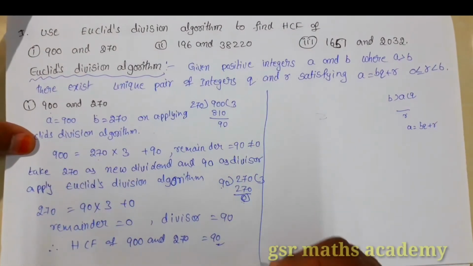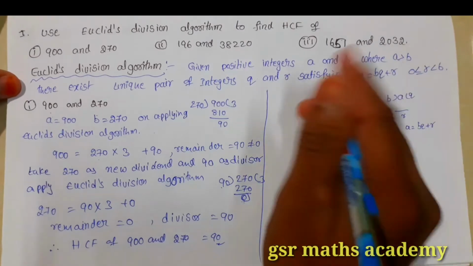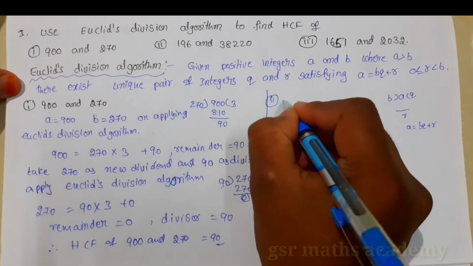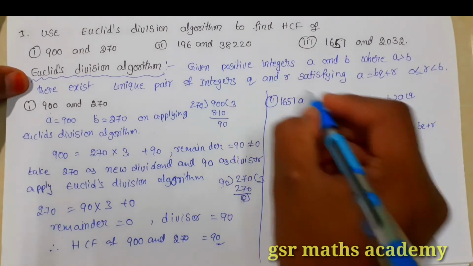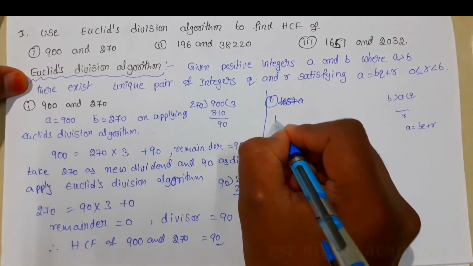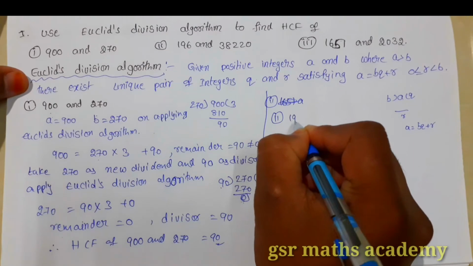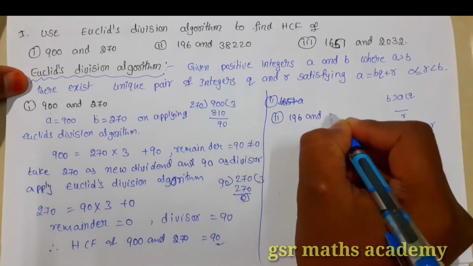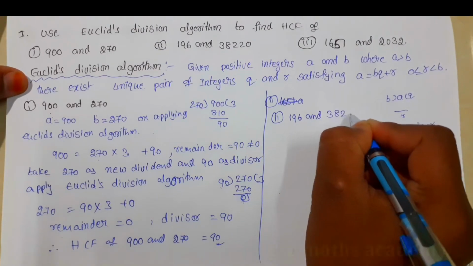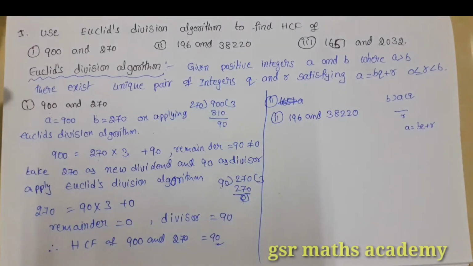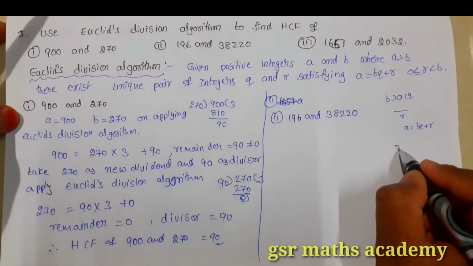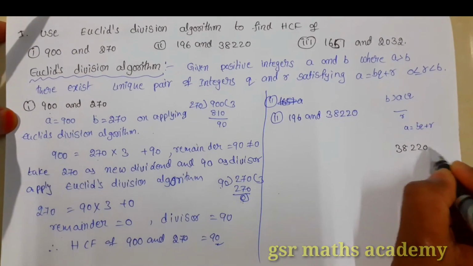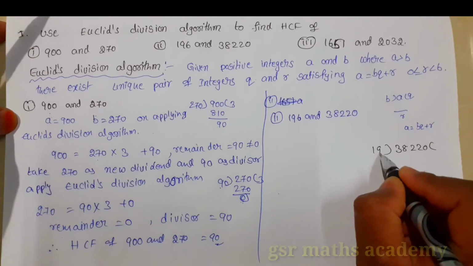Now if you take the second question we have 196 and 38,220. Firstly it is better for us to divide these two numbers. That means divide 38,220 by 196.